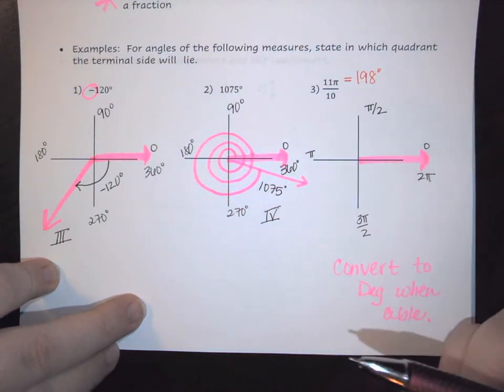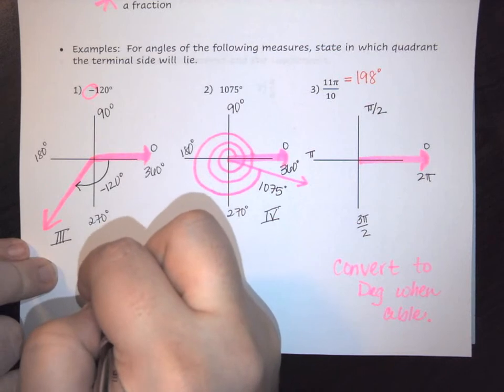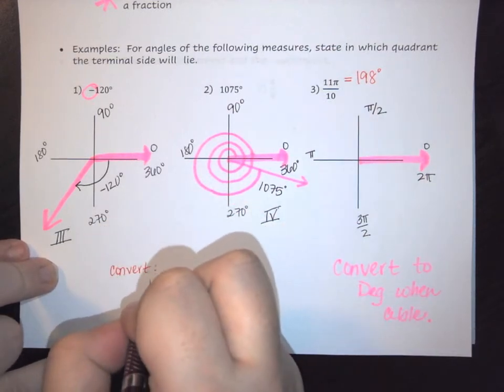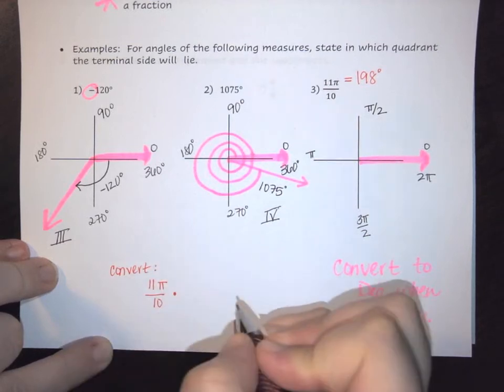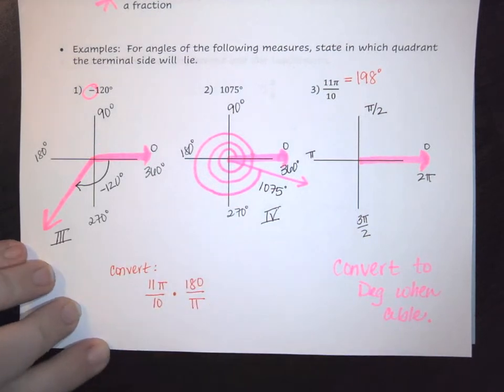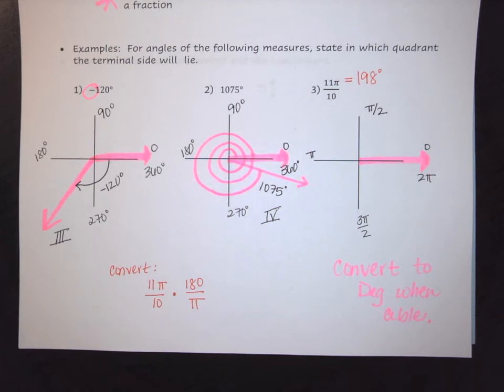Again, we get that by converting from radians into degrees. In order to convert, we would take the 11 pi over 10 and multiply that by 180 over pi. When we do that, we come out with our degree measure. So that's the math that we're doing. In this case, 198.